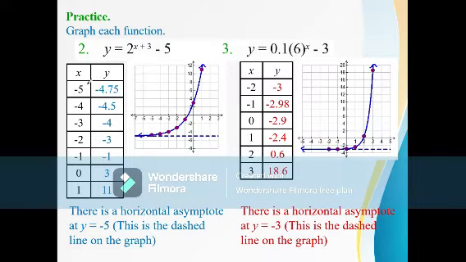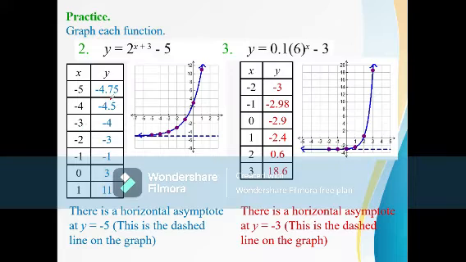You solve it, you will get negative 4.75. If x is equal to negative 4, just substitute the value of x, then you have y is equal to 2 to the power of negative 4 plus 3 minus 5. You will get negative 4.5.